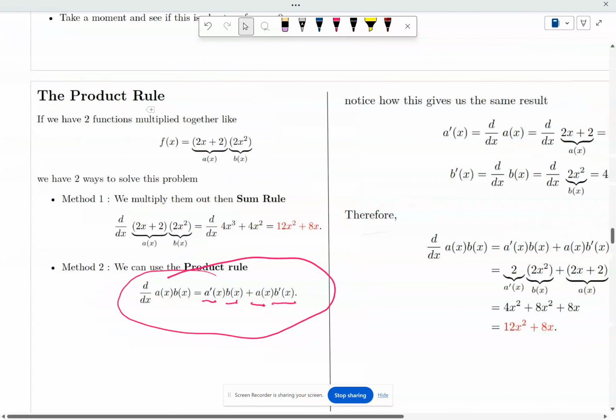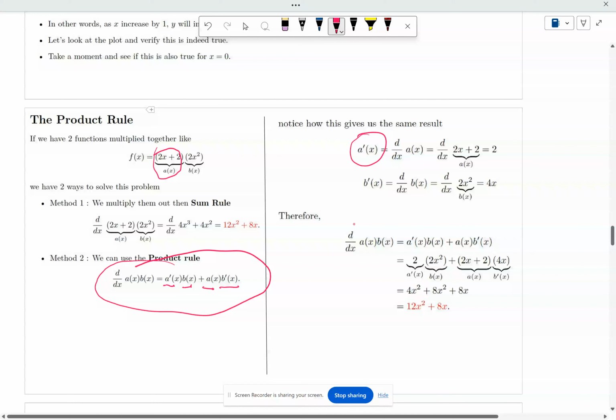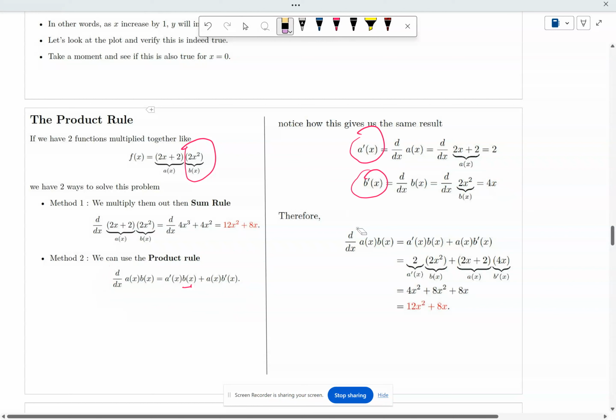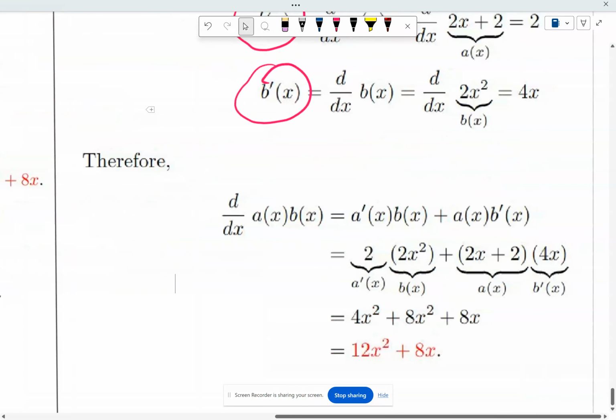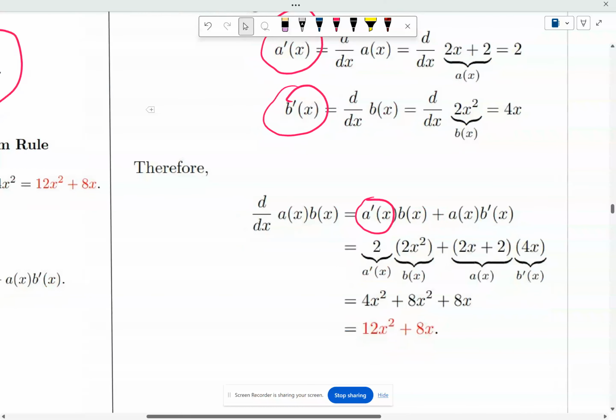Okay. So over here, let's say we take the derivative of a. So taking the derivative of this is 2. And then taking the derivative of this is 4x. So now, if we know the derivative of a and b, we can plug it into the product rule. Right? The derivative of this is the derivative of a times b, and then a times the derivative of b. So let's plug them in. Derivative of a is 2.